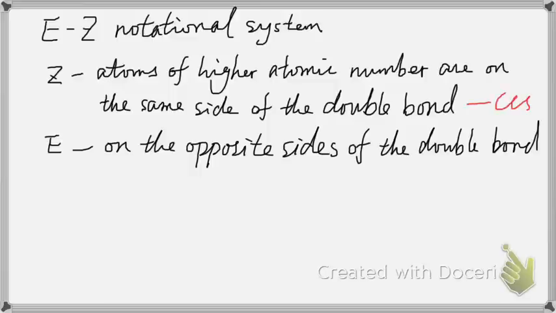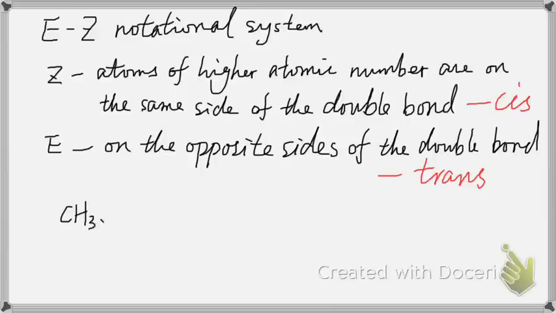So basically, Z is pretty much the same as cis, and E is pretty much the same as trans. Okay? We use this E/Z notational system to define the configuration of the double bond, just as we use R/S to define the absolute configuration on the chiral center.